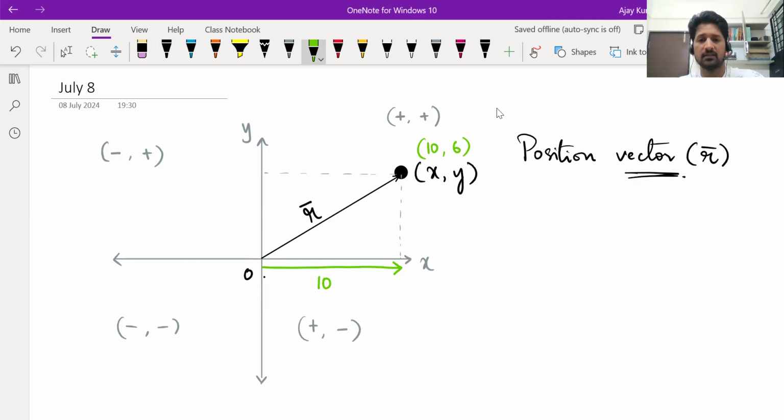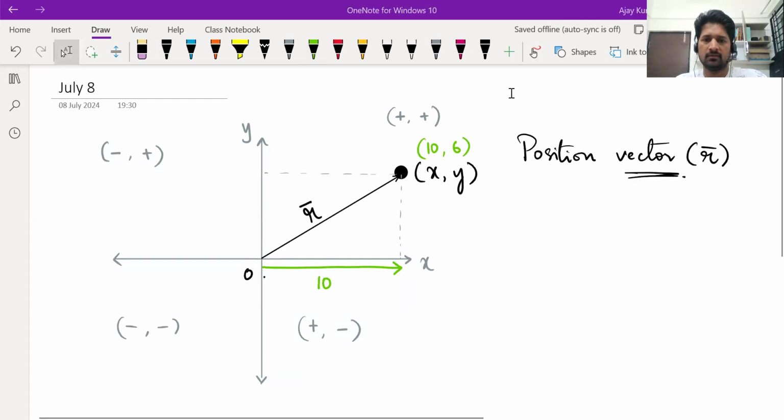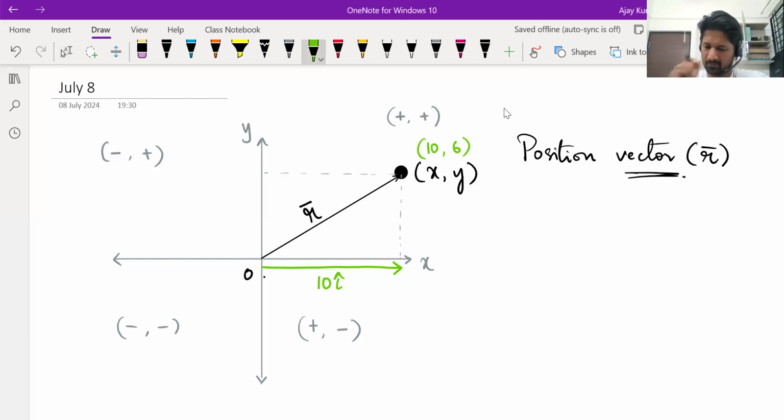What direction is this green arrow in? Positive x. It's clearly visible. It's in the positive x direction. What is the standard unit vector in the positive x direction? I cap, sir. I cap, correct. So you write this component as 10 I cap.